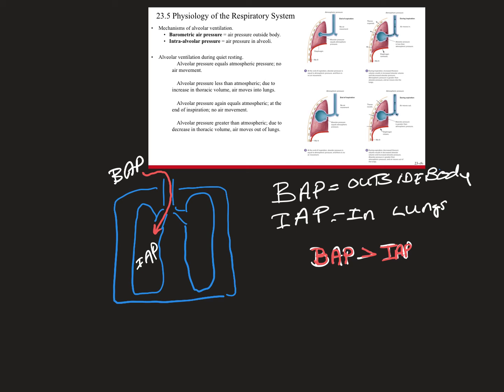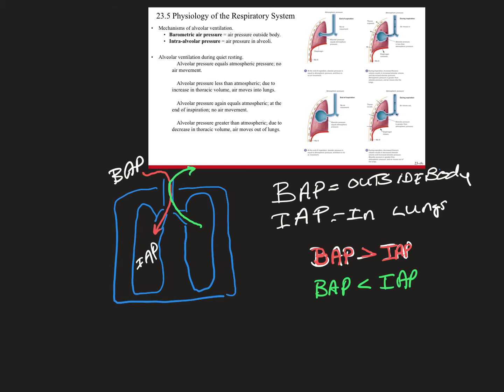From high to low. So that would mean that if barometric atmospheric pressure is less than intra-alveolar pressure, then what's going to happen? It's going to move from the alveoli to outside the body. Yes, it's going to move out.